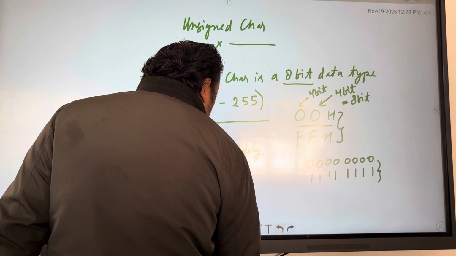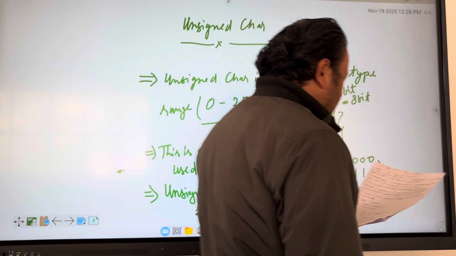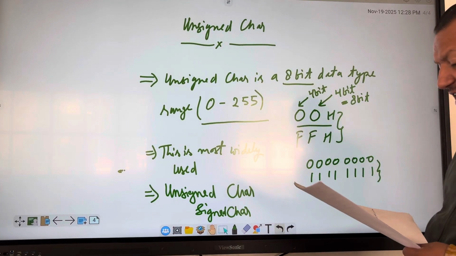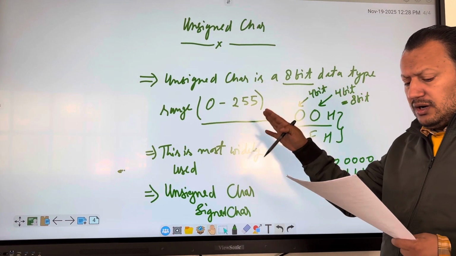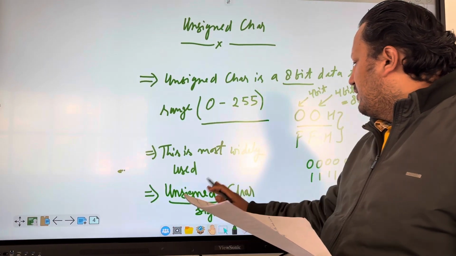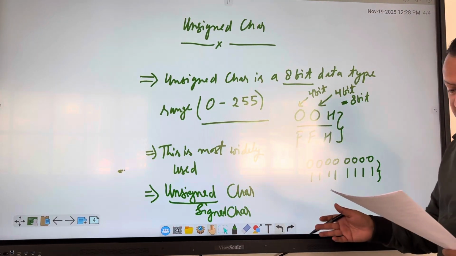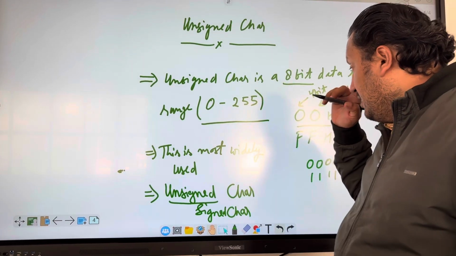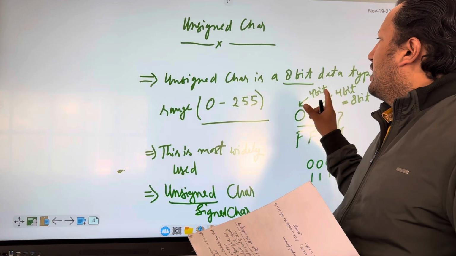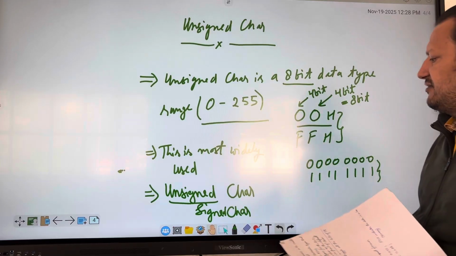And remember, signed char has only 7 bits to represent any number, and 1 bit is for the sign. Then the range will not remain the same. So always remember, you have to write unsigned in front of char. If you don't write anything, the compiler will take it as signed char, and then this range will change. This is the main important thing to understand how to do programming in C.